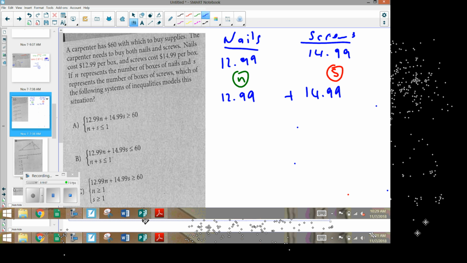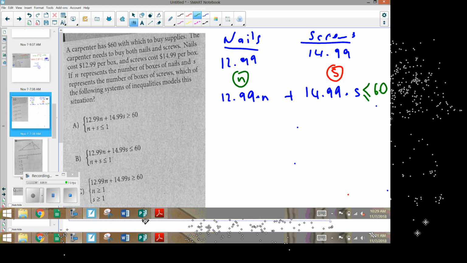So basically N is the number of boxes of nails and S the number of boxes of screws, so it's going to be times n and times s. Correct? But we have a very short budget, which is $60. He's not supposed to exceed that. What sign should I use here? Less than or equal to 60. It could be equal to 60 or less than, but cannot exceed.